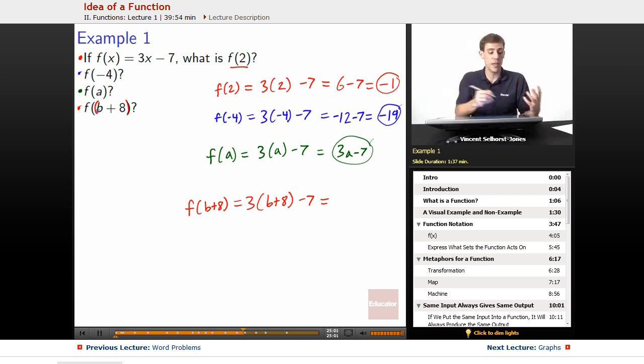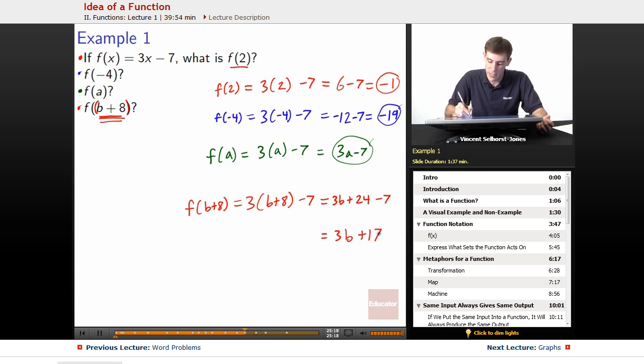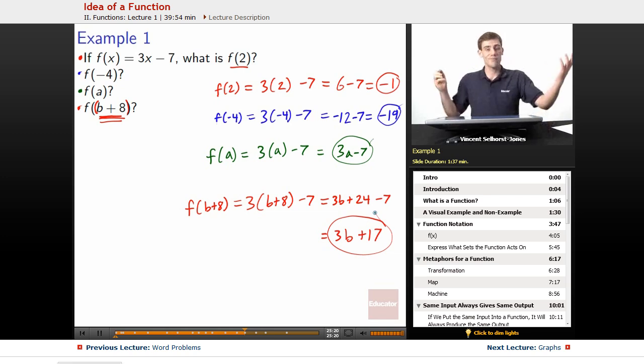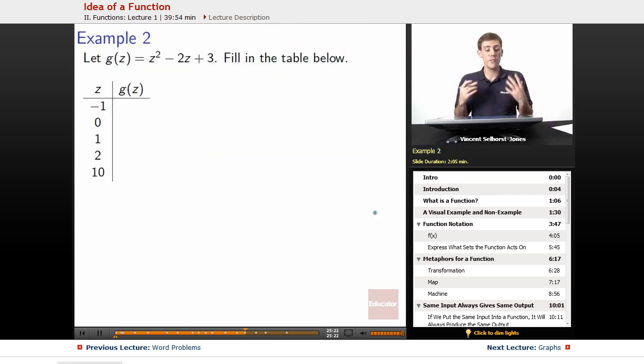And that's what it really has to be, because it's everything in here that got plugged in, not just the b. The b and the 8 don't get to be separated now. They have to go in together. So 3 times quantity b plus 8 minus 7, we get 3b plus 24 minus 7, which is equal to 3b plus 17.